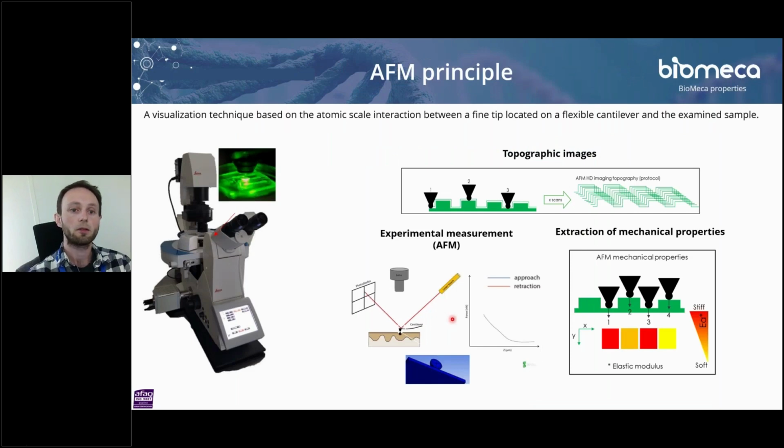So briefly, atomic force microscopy is a visualization technique based on the interaction between a thin tip placed at the end of a flexible cantilever and the sample. Different types of measurements can be performed by AFM. For example, by scanning the surface of a sample, it's possible after reconstruction to make a topographic image of the surface of the sample.